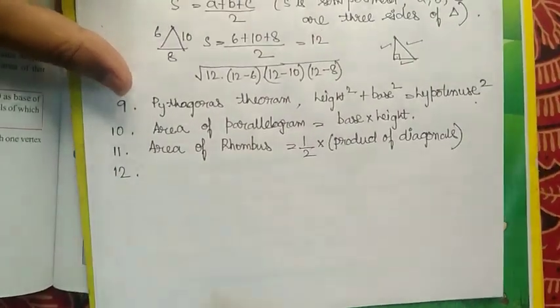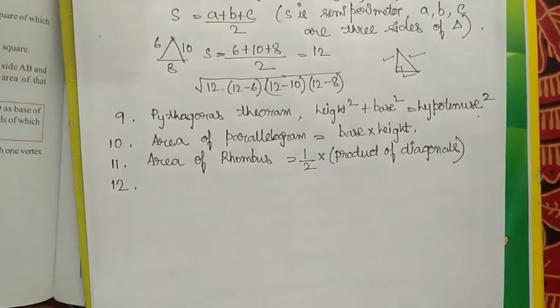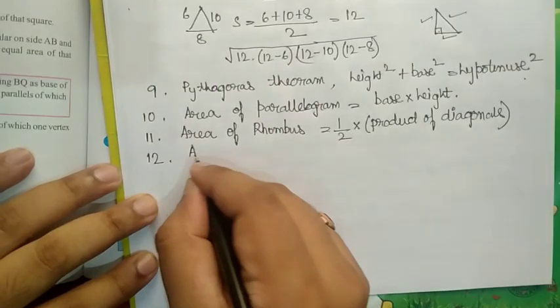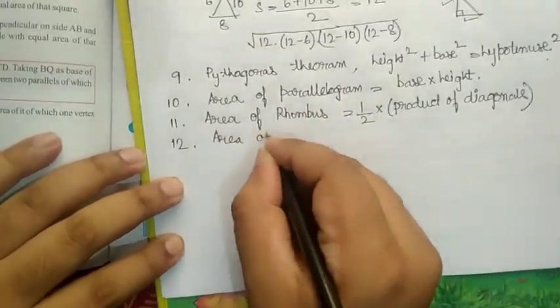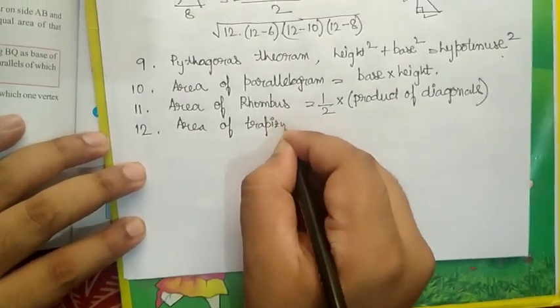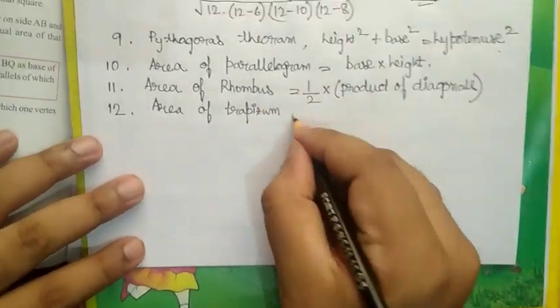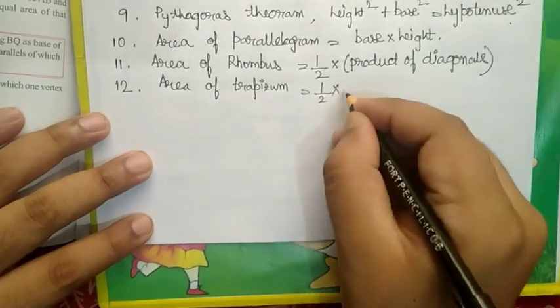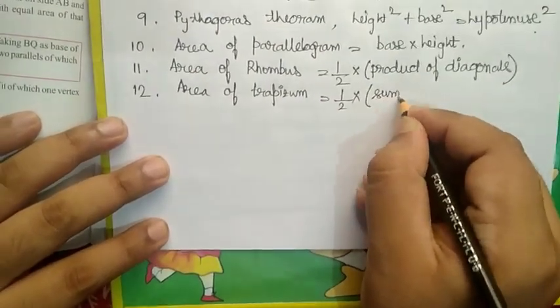And the last one should be area of the trapezium equal to half into sum of the parallel sides into height.